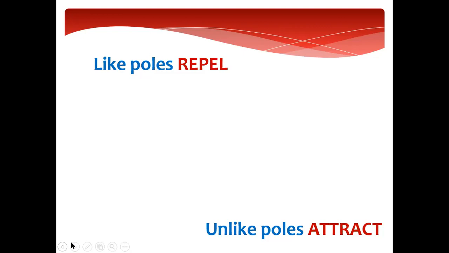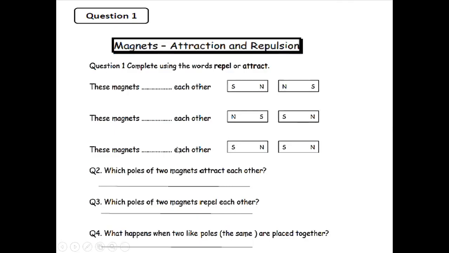Okay, now we will come to the last step in this session, solving page 16 in your resource packs. Here it says, magnets, attraction and repulsion. We are going to complete question 1 using the words repel and attract. So here, this is number 1, this is 2, this is 3.